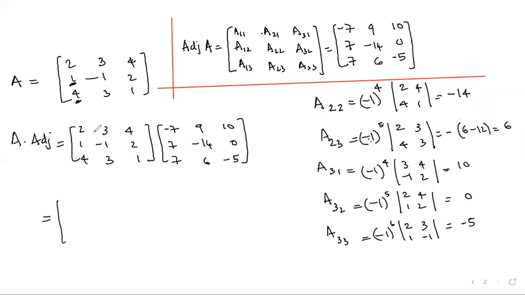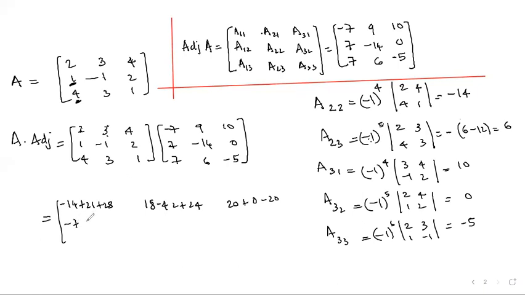When you multiply, minus 14 plus 21 plus 28. Is it fine? Next one. 18 minus 42 plus 24. Next one. 20 plus 0 minus 20. Next one.